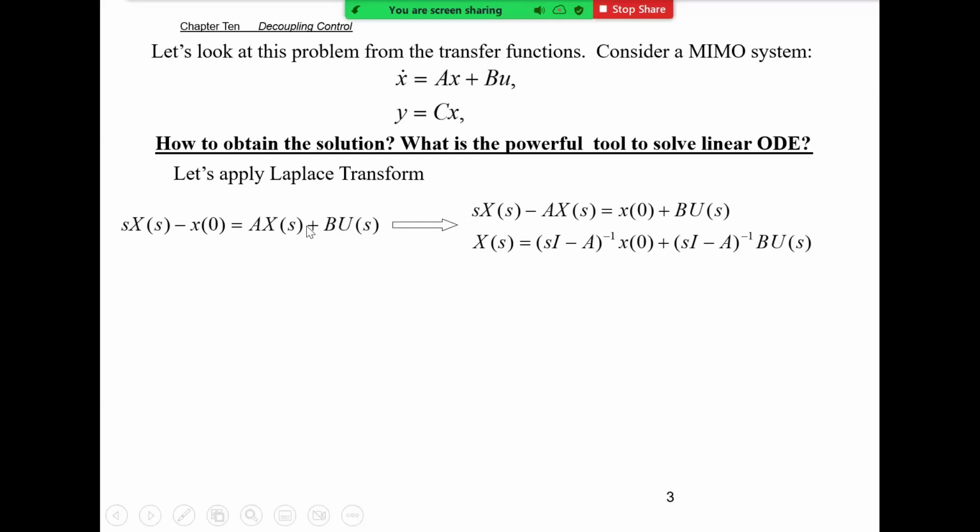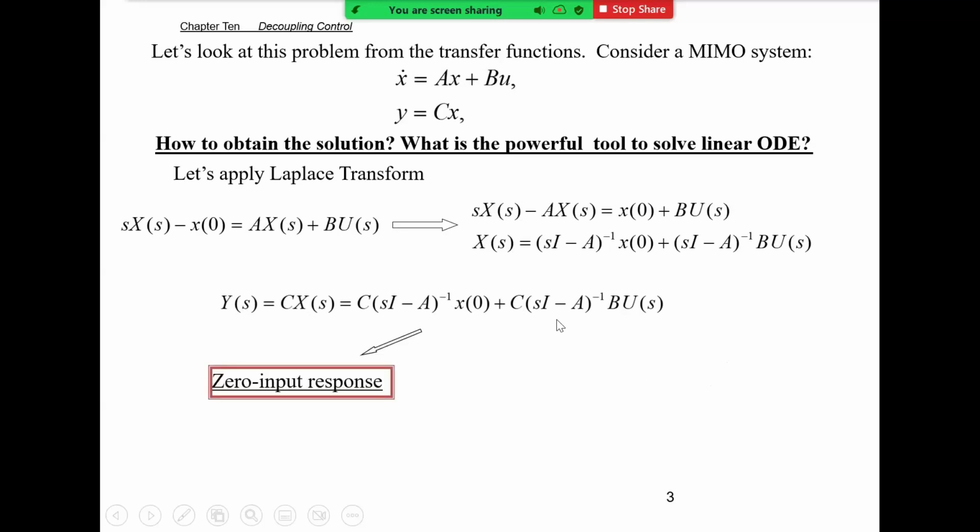So put this on the left side, this on the right side, and you get this equation, and then you solve for X(s). Once you have X, you get your output Y. Clearly from this expression, the output is affected by both the initial condition and the input.